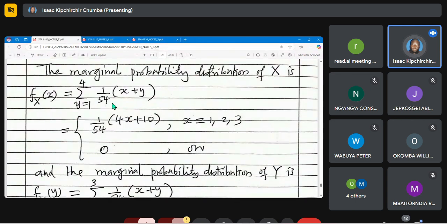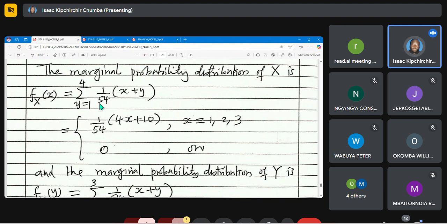You can see we are summing over y. You'll be substituting y equals 1, then you have x plus 1, x plus 2, x plus 3, x plus 4, as you vary y from 1 to 4. So you'll be getting 4x plus 10.